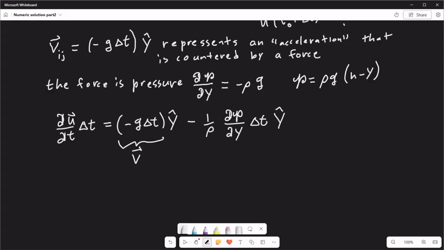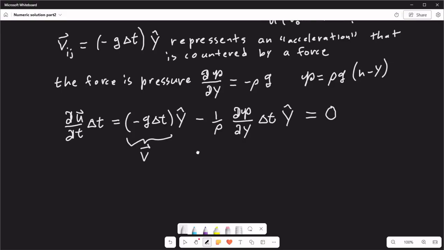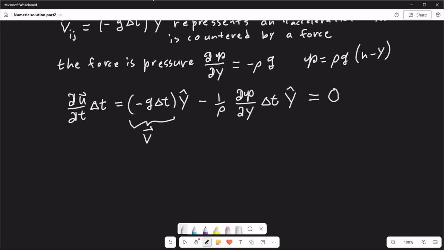Taking this negative rho g, the negative rho cancels this out, so it becomes a positive g delta t, against negative g delta t, both in y. So this works out to be 0. This is a specific example, but this is actually what happens in general.